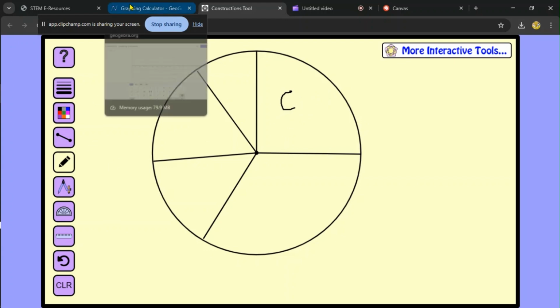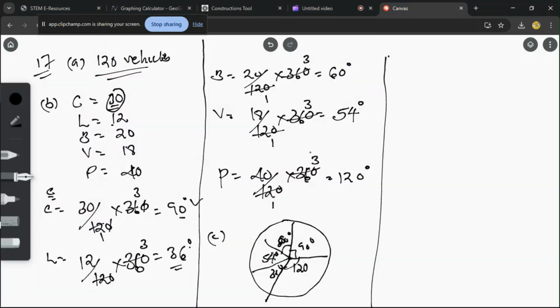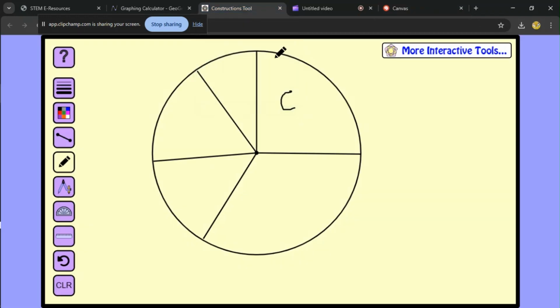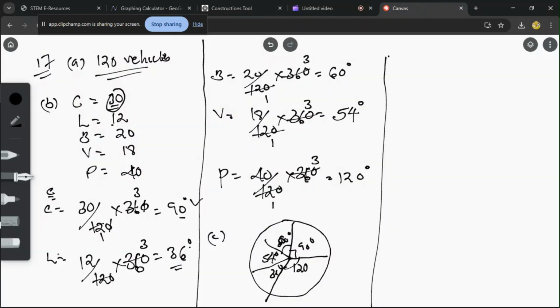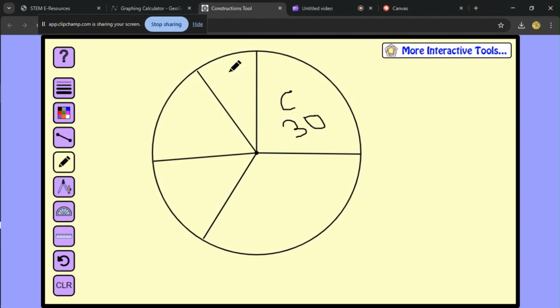For example, cars were how many? We had 30 cars. So you say here they are 30. You write the number for all of them. The second one was lorry. So you come here and put lorry.